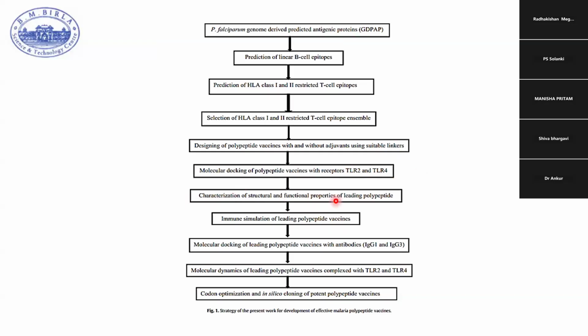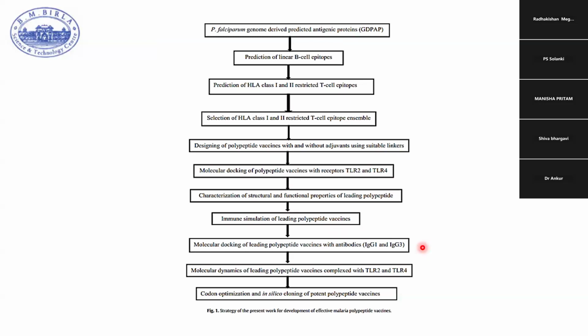After that, you have to perform some structural and functional properties predictions. And there are some immune simulation tools that are freely available, like C-ImmSim. It's software you can use. After that, you can also explore some antibody predictions.